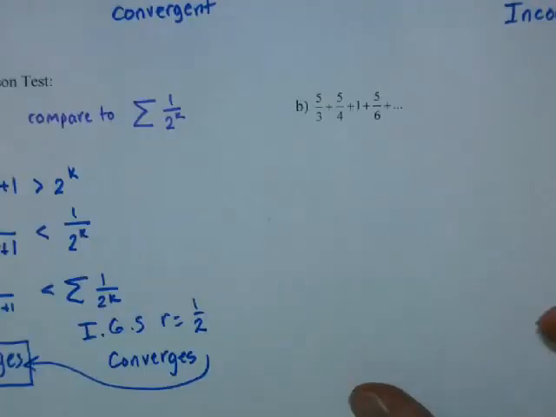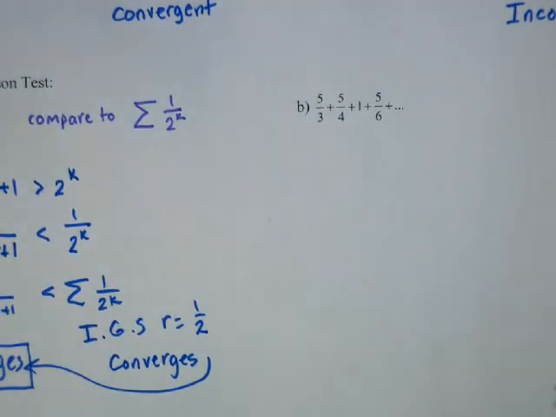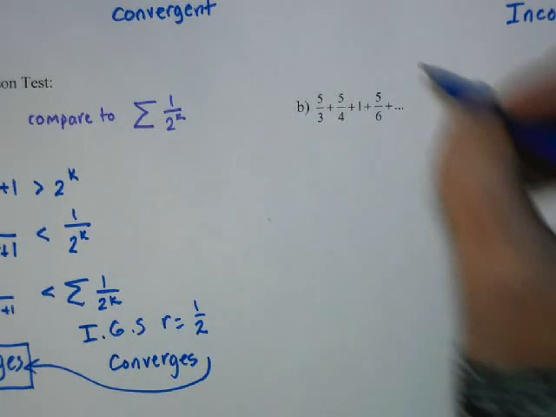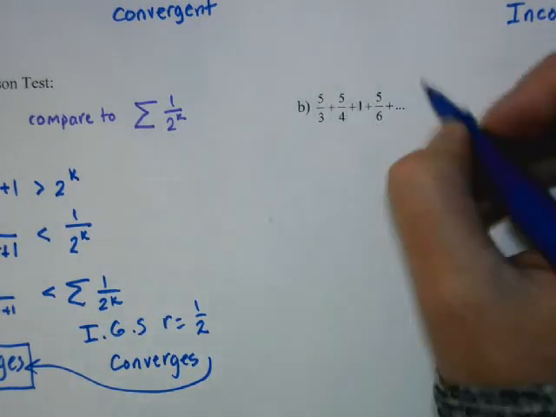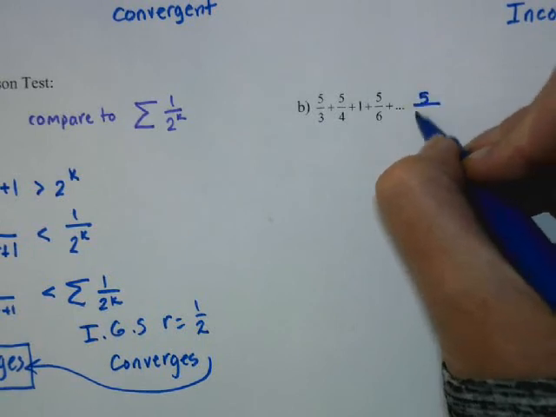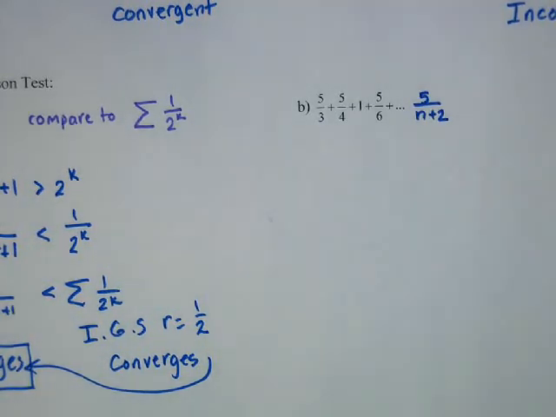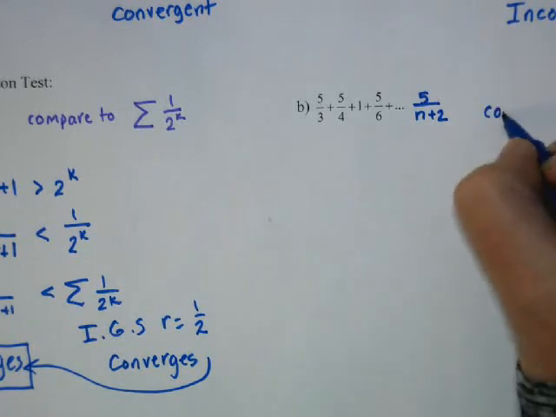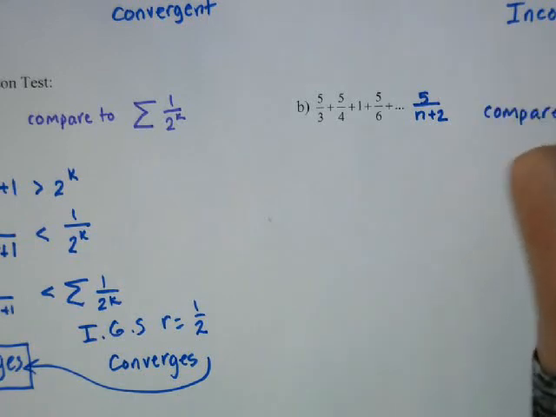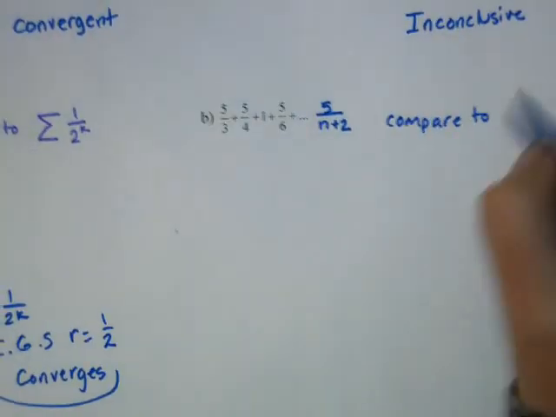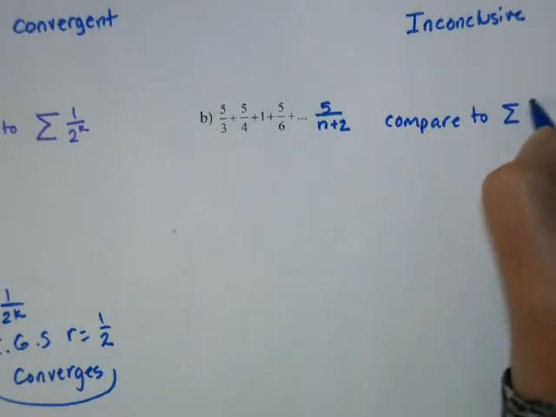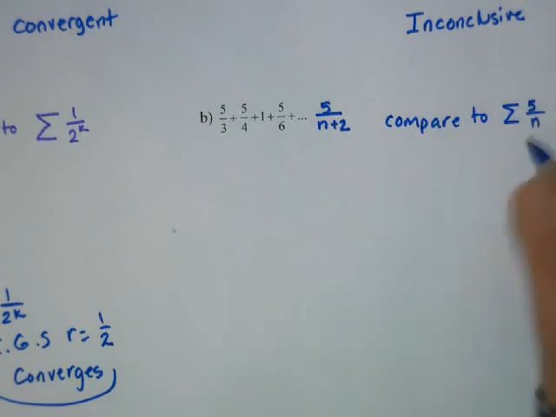Okay, so we've got one more of these. So we've got 5 over 3, 5 over 4, 5 over 5. So this would be 5 over n plus 2. So I'm going to compare this to 5 over n, because that's harmonic.